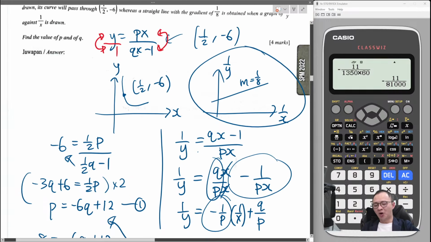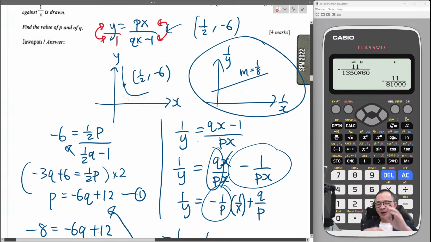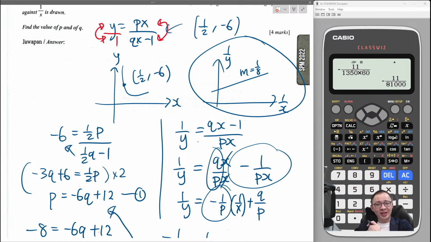So you can see the whole process. What I'm doing here is, first I understand that when it's still the x and y axis, I'm passing through one coordinate, which is 1 over 2 and negative 6. So I can sub this one into the original equation. But when my curve equation becomes a straight line, my axis actually changes from y-axis over x-axis to 1 over y-axis against 1 over x-axis.